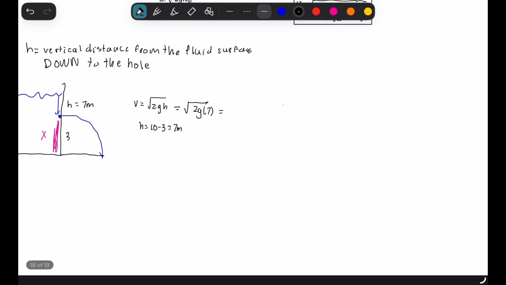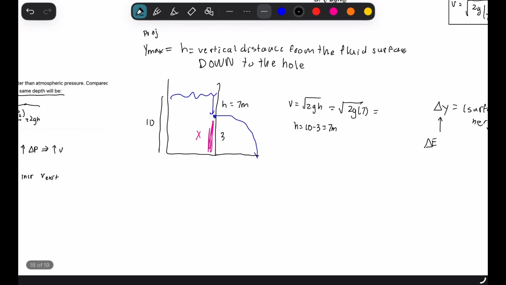So you always are going to have your change in y equal to your surface height minus your hole height, because that's what your change in energy is going to depend on. You always are looking at the surface to the hole.